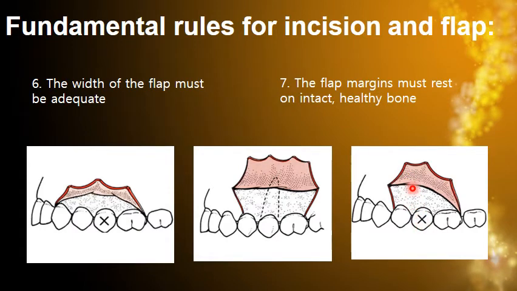This will cause flap dehiscence and may also cause tearing of the flap. So always remember to put the incision on intact bone, which means not right adjacent to the tooth that I want to operate on.